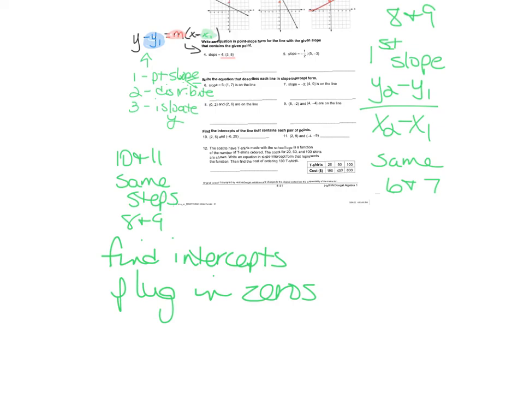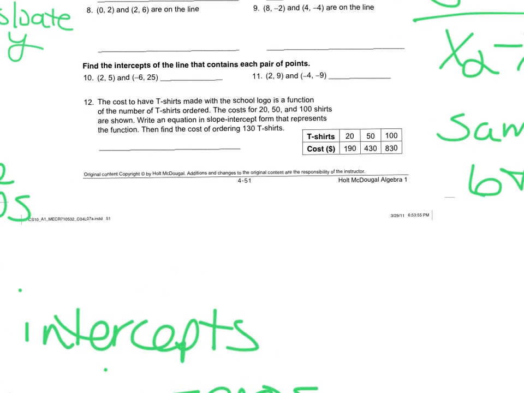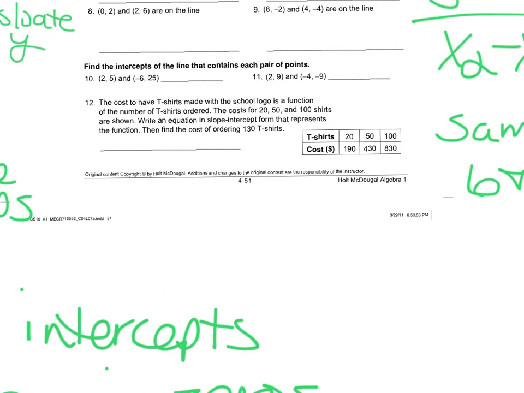Let's look at number 12. For number 12, the t-shirts are going to be the x. The cost is going to be the y. I need to find the slope of the line. It doesn't matter which two ordered pairs I choose. I'm going to choose the first two.